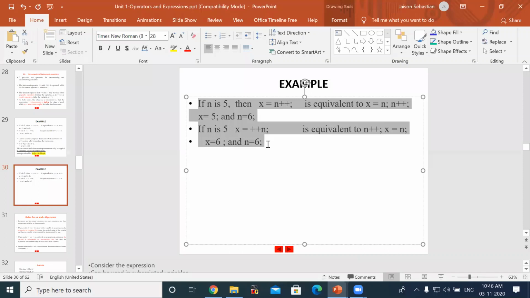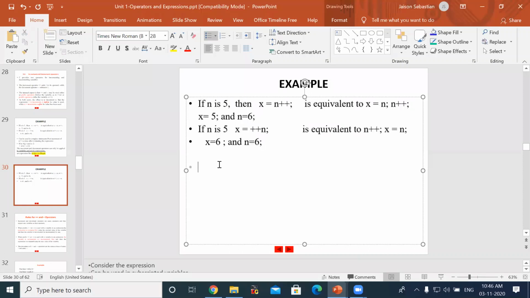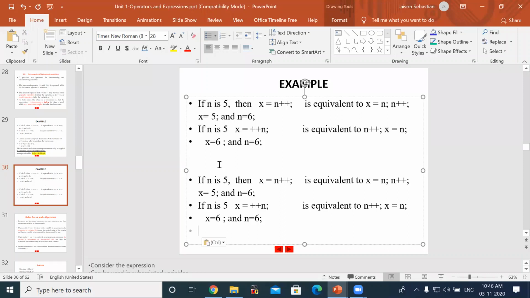You should have an example for both post increment and post decrement and pre-increment and pre-decrement. Both the examples I should see in your notebook. What will be the value of x and n?